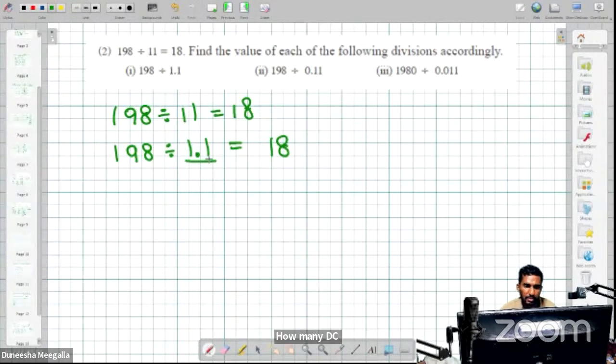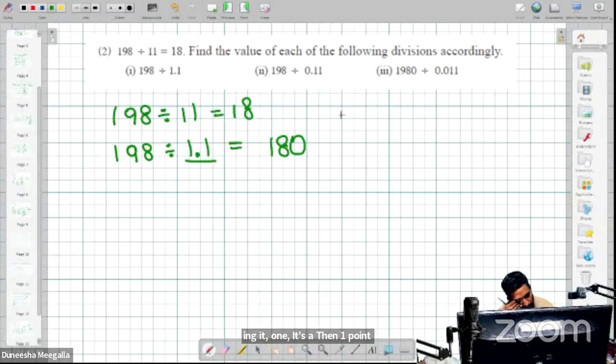If there is one decimal point in the division, we get 0 in the unit place. Then what is the answer for 198 divided by 1.1?